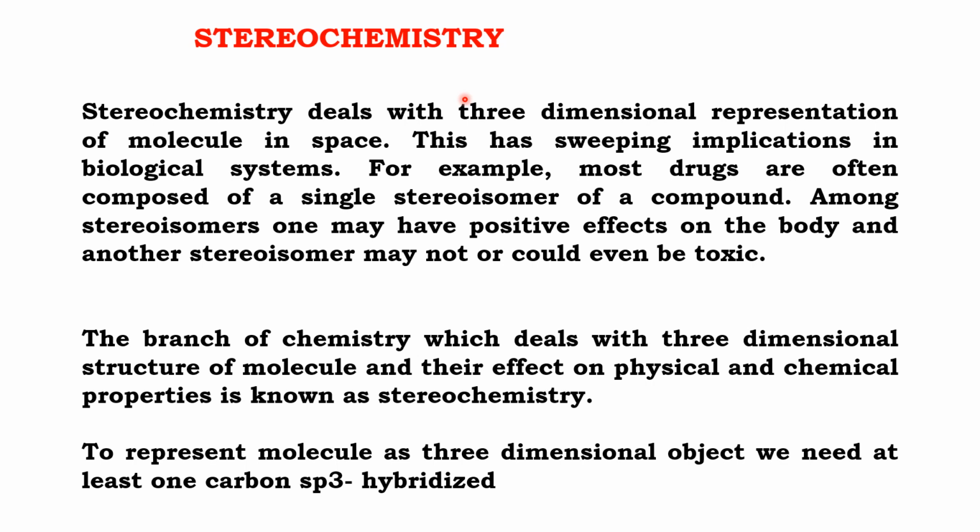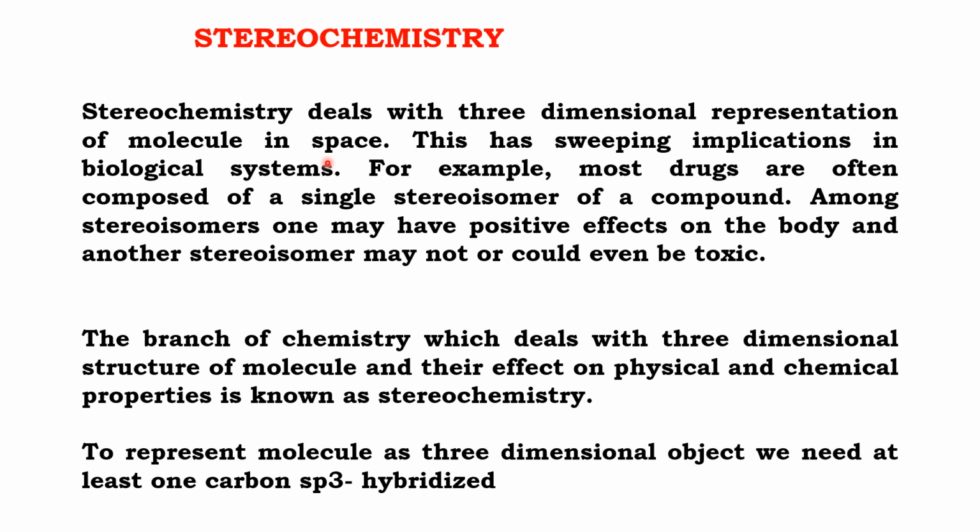When we consider a molecule, we know the atoms are bonded with other atoms through chemical bonds. In organic chemistry, we know many of these bonds are basically covalent bonds. So, stereochemistry deals with the three-dimensional representation of the molecule in space.